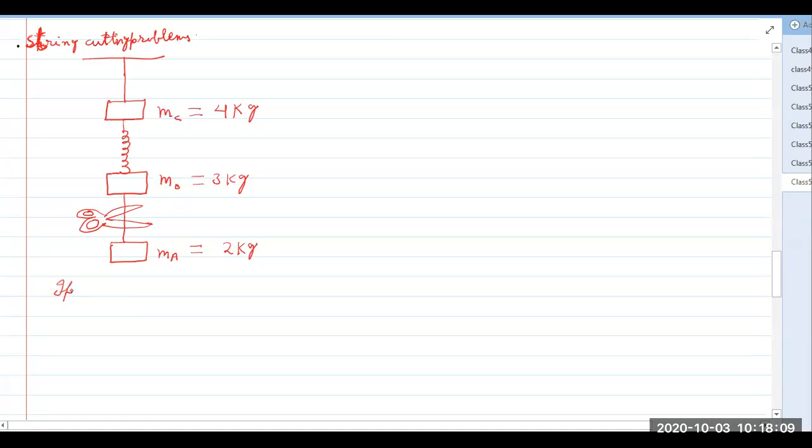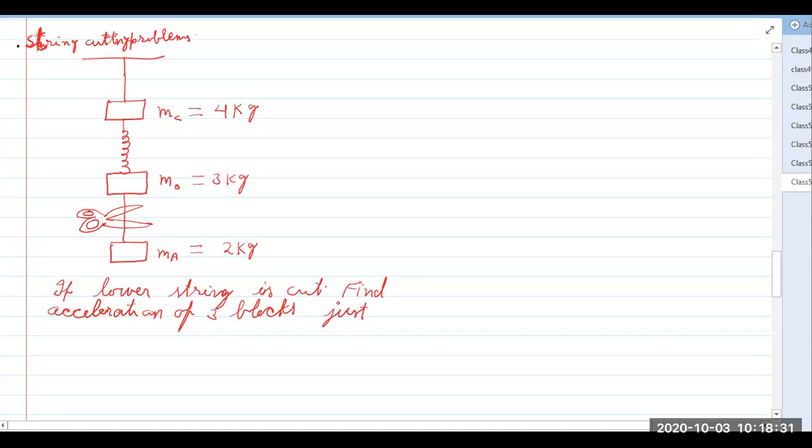If the lower string is cut, find accelerations of three blocks just after cutting the string. Okay, so this is the question.